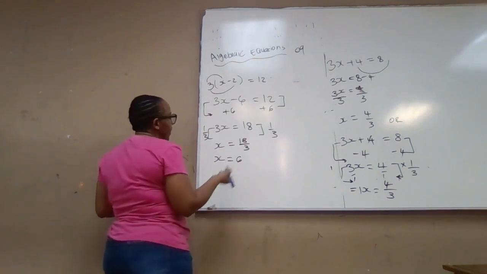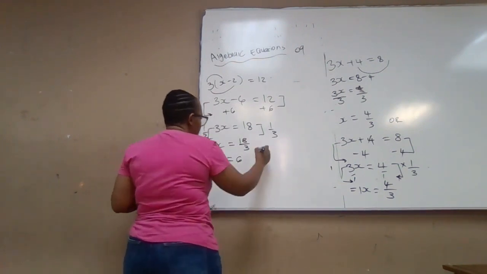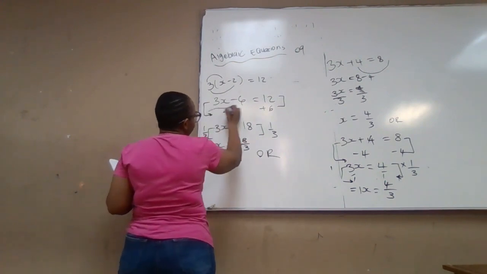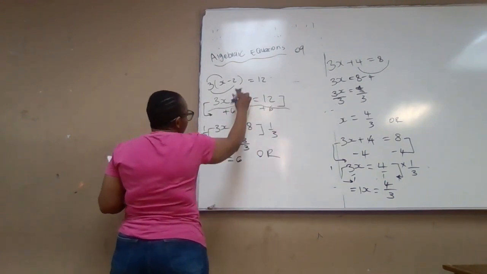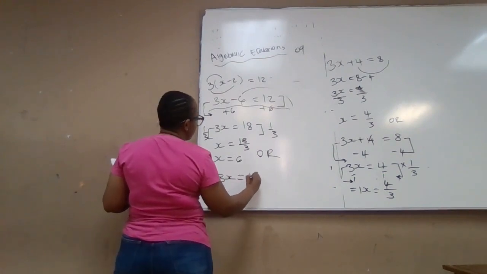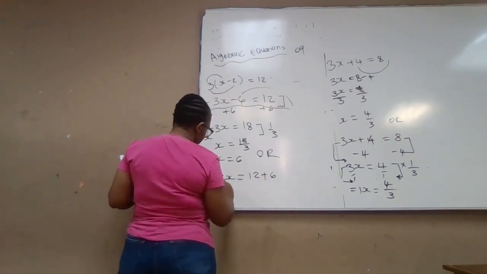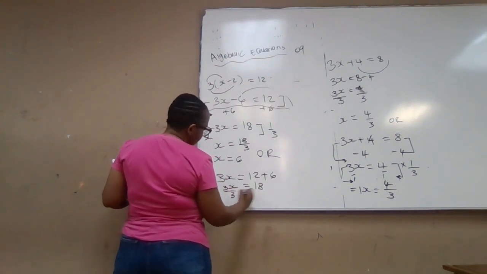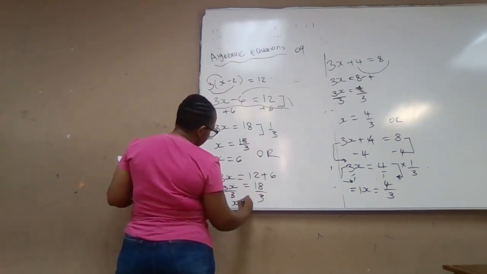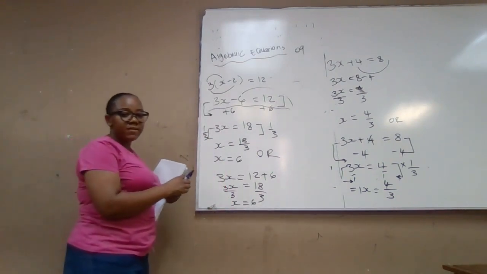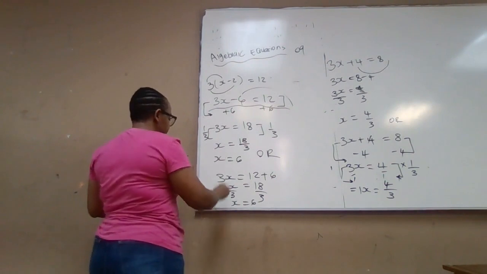Or the easiest way, like I have shown, after you reach that stage, you can move the 6 this side and say 3x equals 12 plus 6. 3x equals 18. Divide by 3, divide by 3, x equals 6. So you can use whichever method is simpler for you.